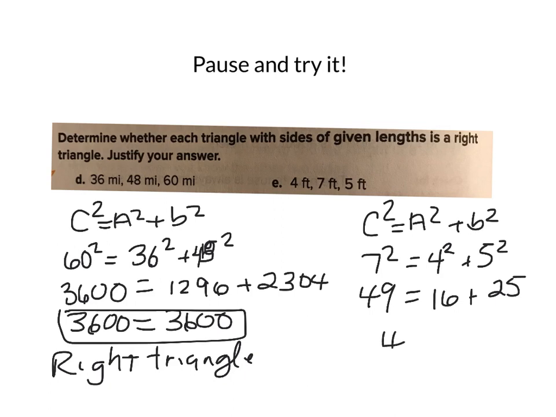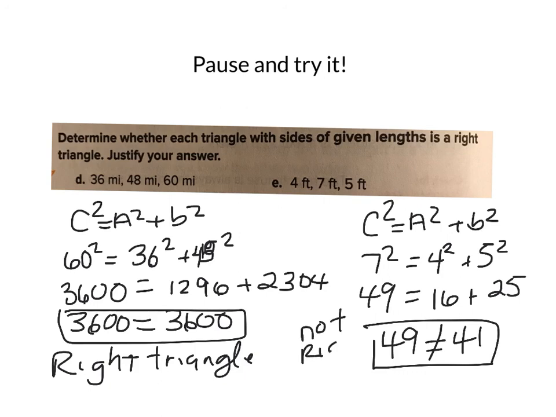And as you can see, this is not a right triangle because my sides of my equation do not equal out. 49 does not equal 41. So this is not a right triangle because I cannot use the Pythagorean theorem to accurately solve for any of the sides.